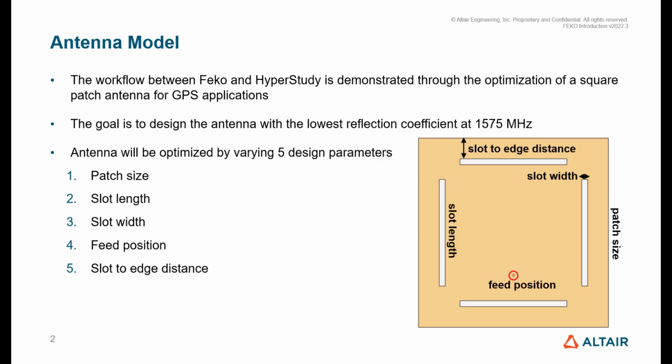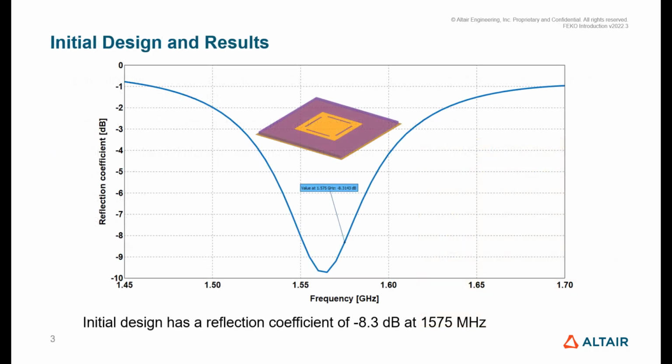The goal here is to optimize the antenna design to have the best impedance matching at the given GPS operating frequency of 1575 MHz. The characteristic impedance of the feed is 50 ohms, and here is the initial response of the base design for a 50 ohm reference impedance.